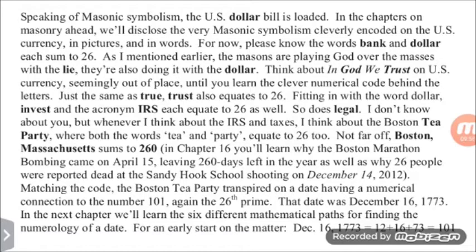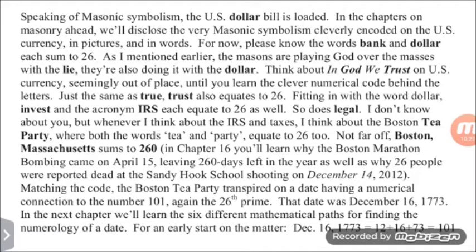Think about In God We Trust on US currency, seemingly out of place, until you learn the clever numerical code behind the letters. Just the same as true, trust also equates to 26. Fitting in with the word dollar, invest and the acronym IRS each equate to 26 as well.